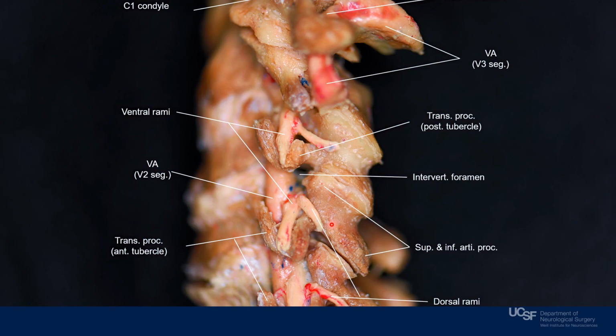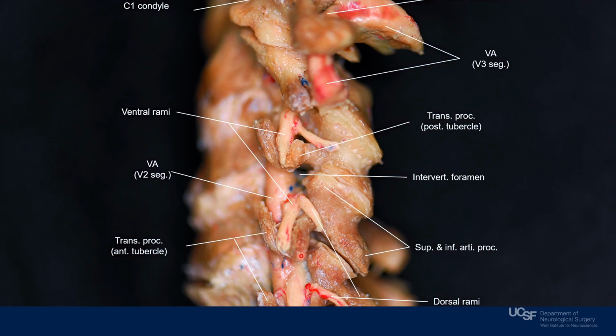Now this is a lateral view of the cervical region, and again what we're seeing right here is the zygapophyseal joint or facet joint from the articulation of this inferior articular process and the superior articular process. What we're seeing also right here is the transverse process with two tubercles, meaning that we're looking at a subaxial level.